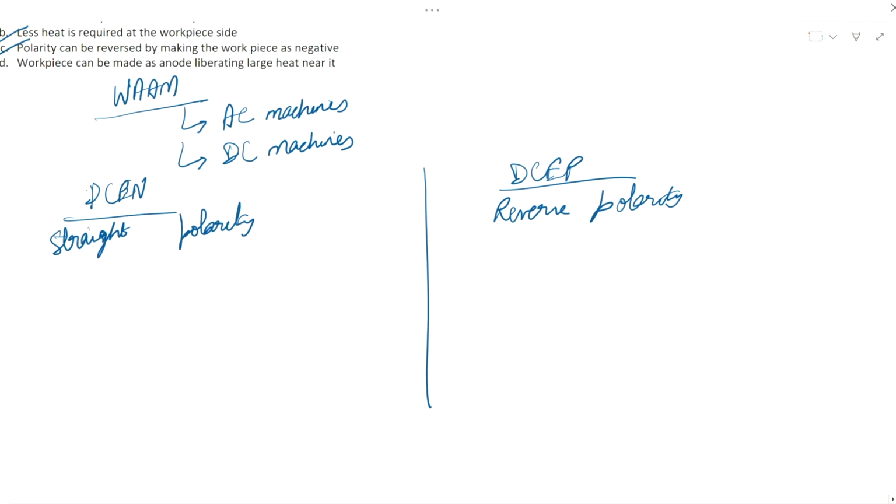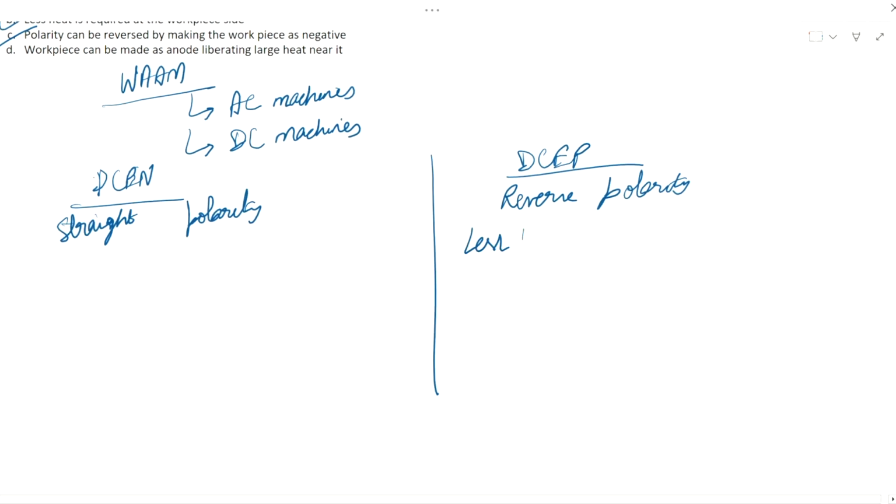So, in reverse polarity, less heat is required at the workpiece side.